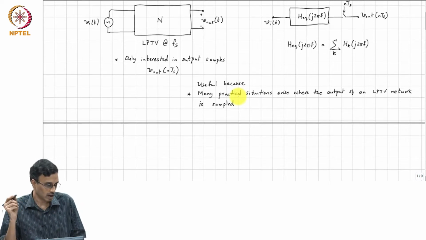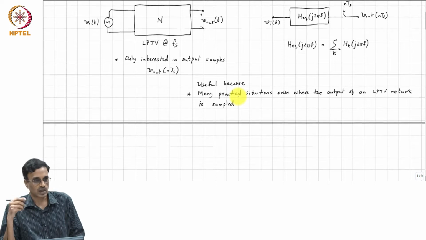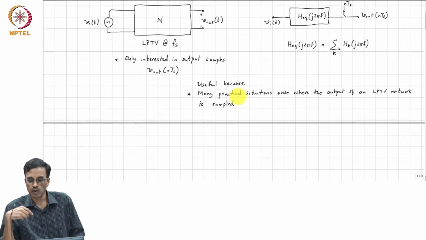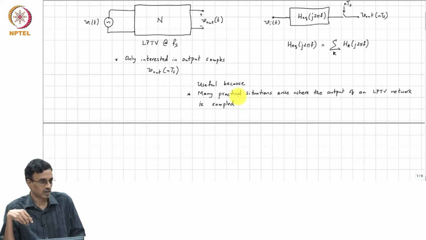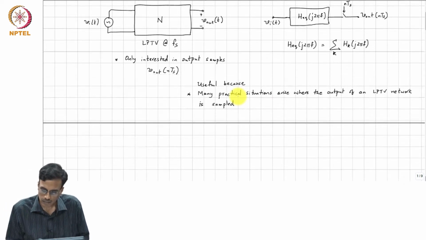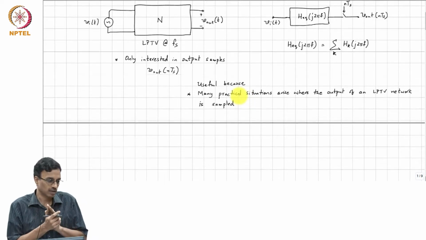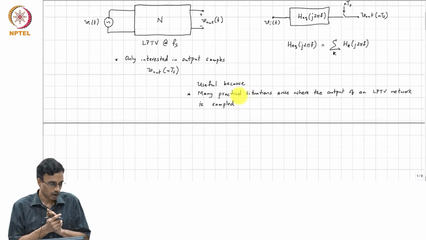For example, we saw the sample and hold, we saw a switch capacitor circuit, we saw a continuous time delta sigma converter. And so, it is only the sampled output of the system which is of interest.